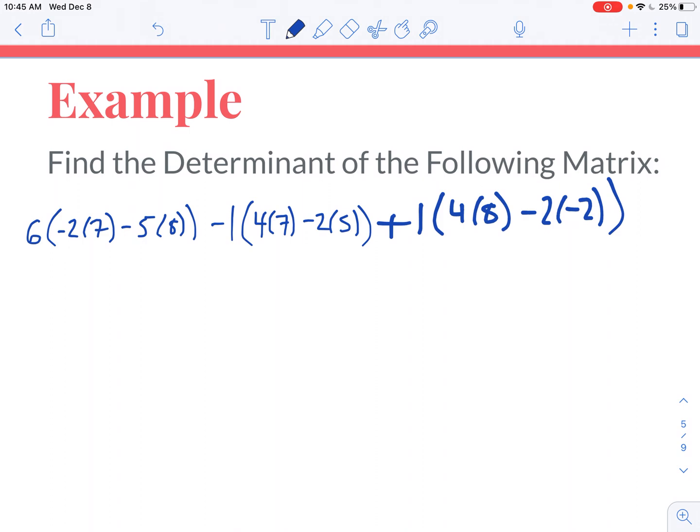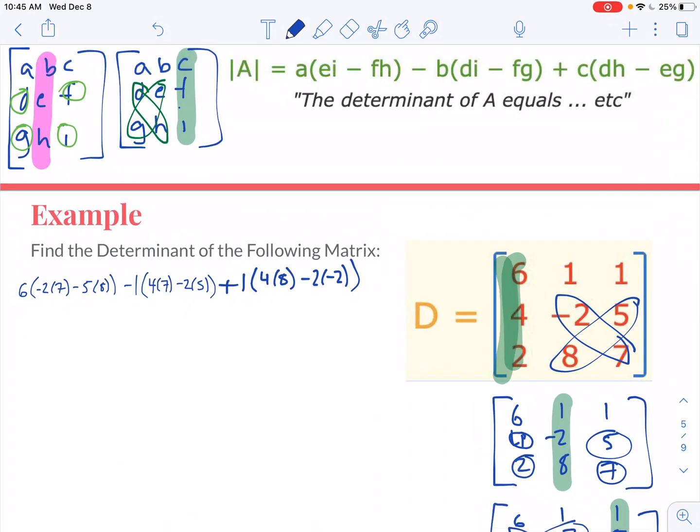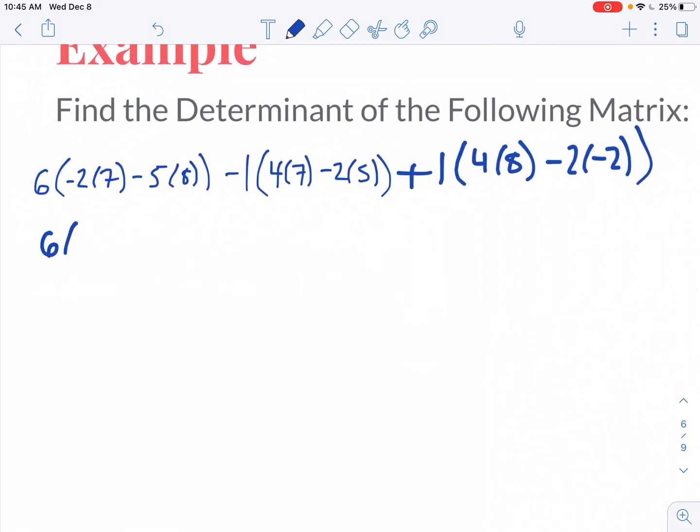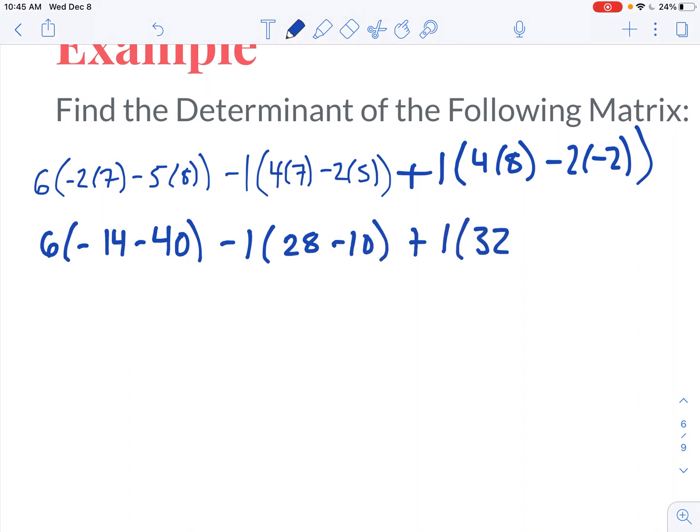All right, so now I've plugged it into the formula. I've got all my numbers in the right spot. So now it's just a matter of doing order of operations. I have 6 times -14 minus 40 minus 1 times 28 minus 10 plus 1 times 32 plus 4.